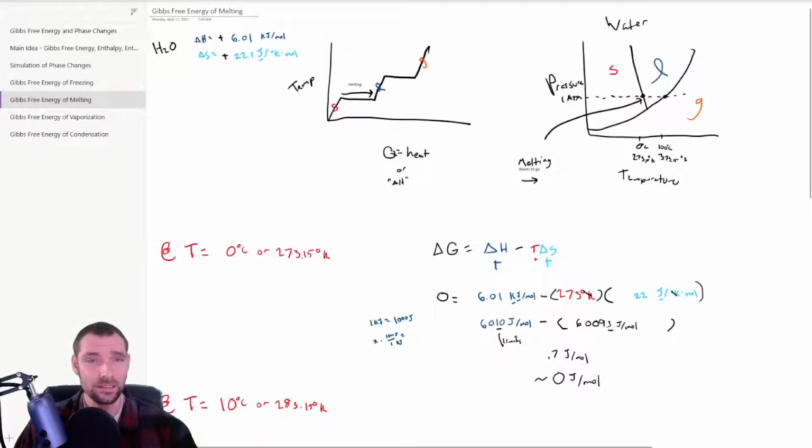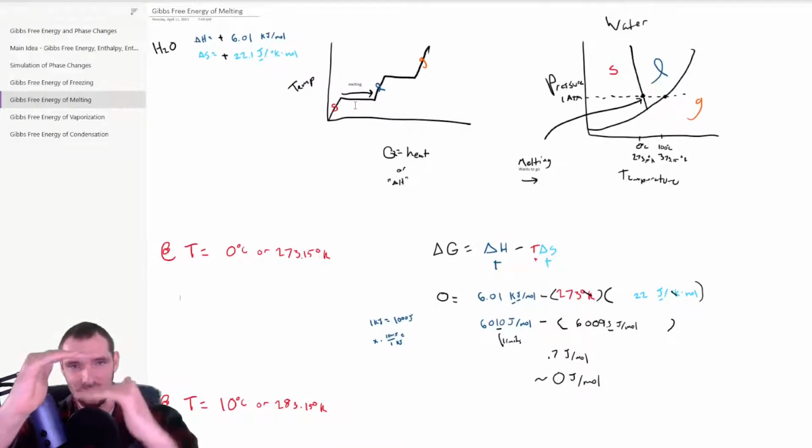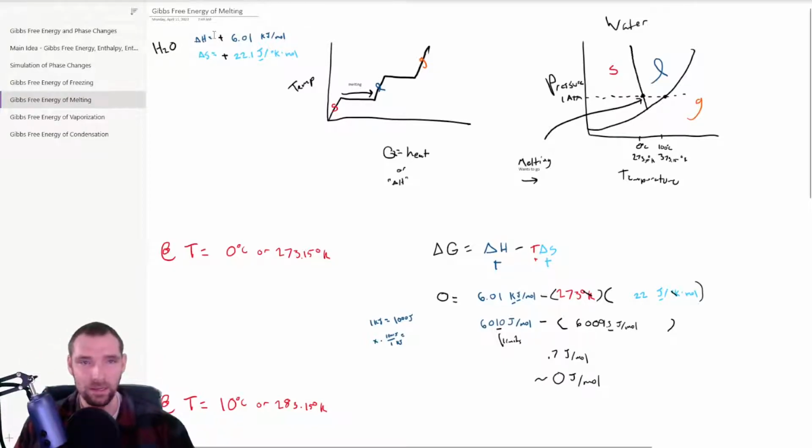But if you look here, you can see the change in H is positive, the change in S is positive. We're going the different direction on the graph. And so we're going from the solid to the liquid. So it's an increase in the entropy. So we know that this is a positive sign because it's going up, right?